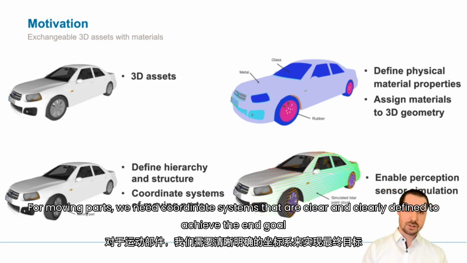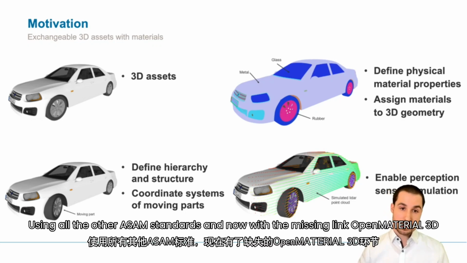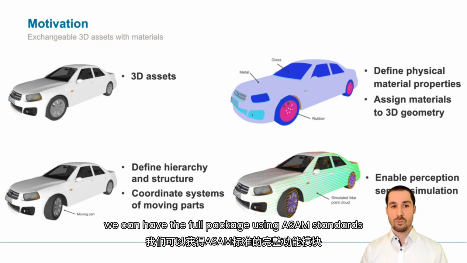We need coordinate systems that are clearly defined to achieve the end goal, which is to do physically accurate perception sensor simulation using all the other ASAM standards, and now with the missing link, Open Material 3D, we can have the full package using ASAM standards.